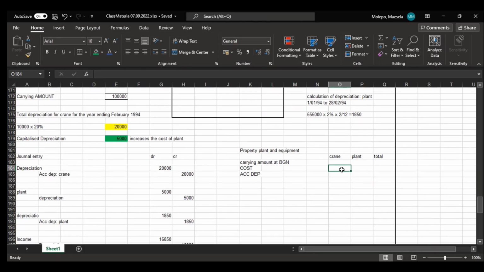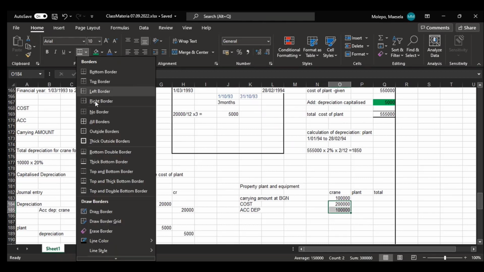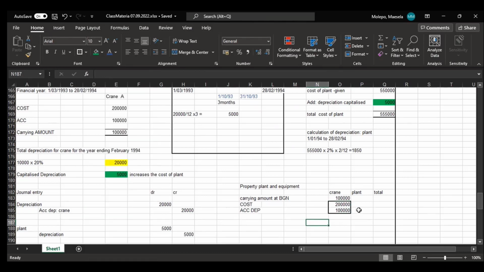It was 200,000. The accumulated depreciation at the given. We were given a carrying value. It was hundreds. So here we know it's minus, right?